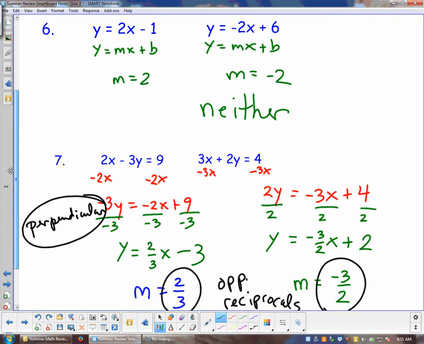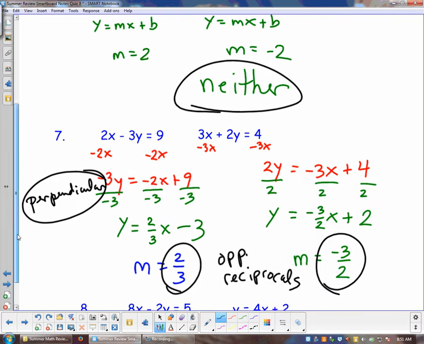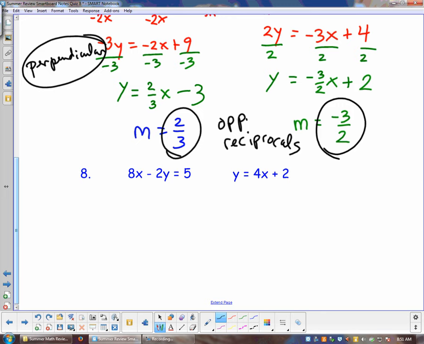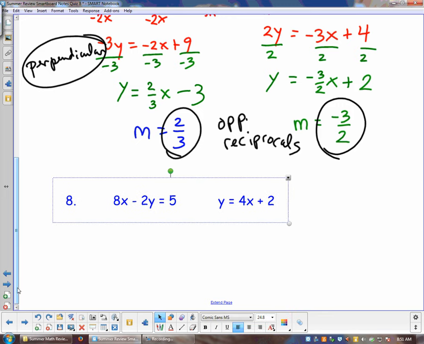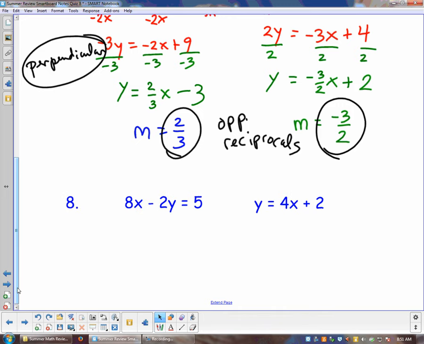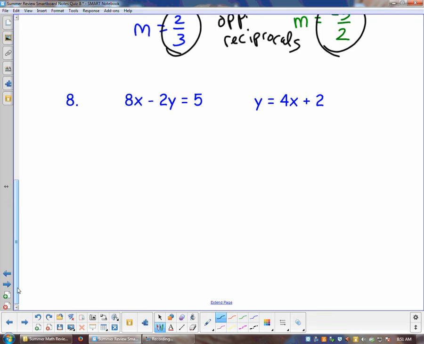First example, we said they were neither. Second example here, they're perpendicular. Let's take a look at this third example. This is number 8. If we are trying to determine if these two lines are parallel, perpendicular, or neither, this first one is not in slope-intercept form, so let's put it into slope-intercept form by subtracting 8x from both sides.